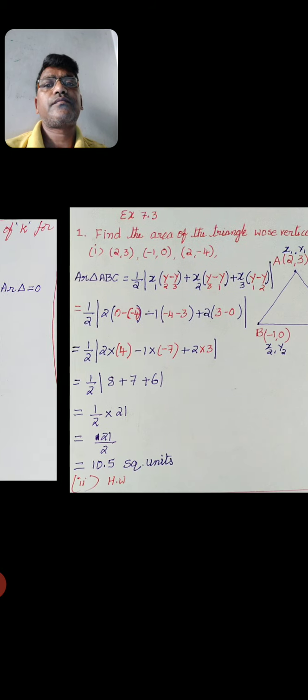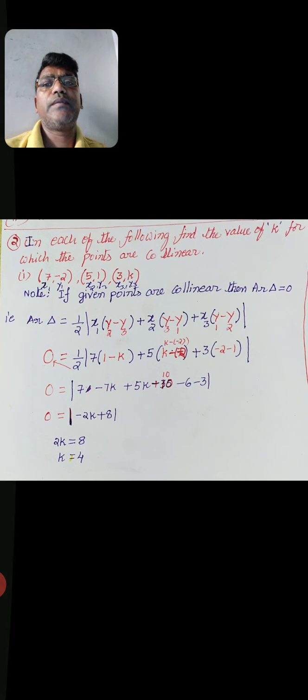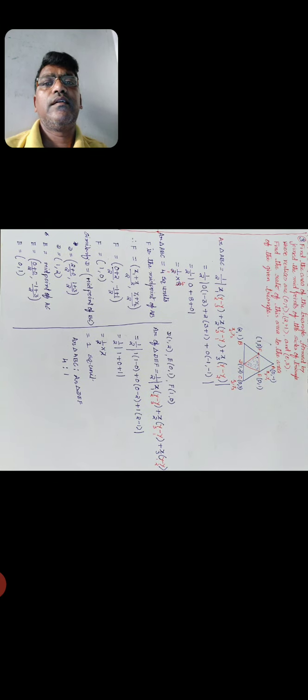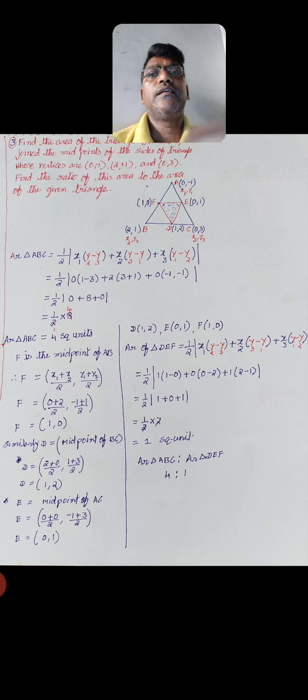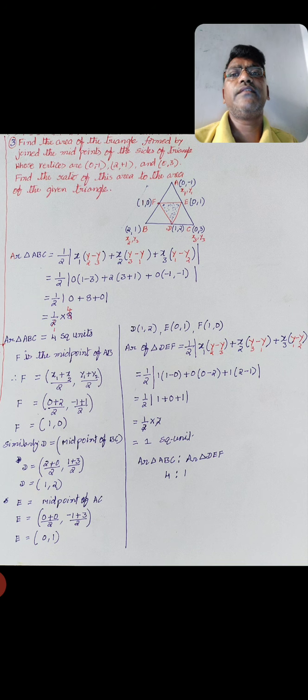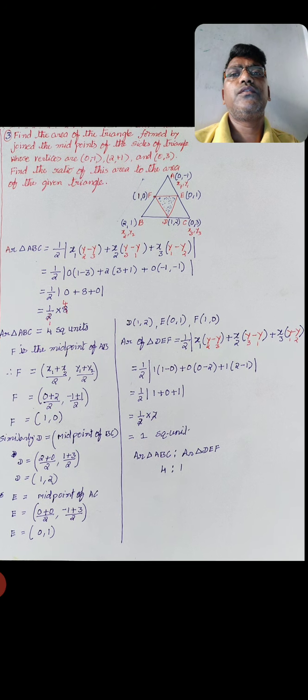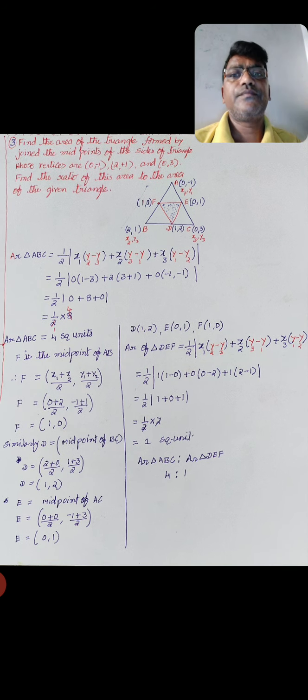Clear to you? Then see, one more sum is there. This is a very important sum, which came many times for 4 marks. One triangle is given, and you just find the area of the triangle for the given vertices. Already I explained how to find it.